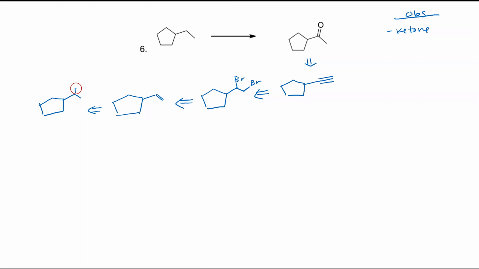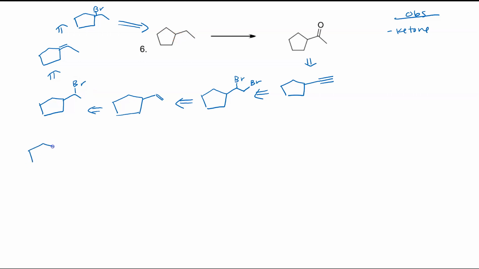I can get that from something with a leaving group, which I can get from there. Now this one is only a tricky one because of where the leaving group needs to be and where this most substituted position is. If it was just from here, it wouldn't be so bad, but because we have to go from having no functional group, that's what adds the extra steps here.